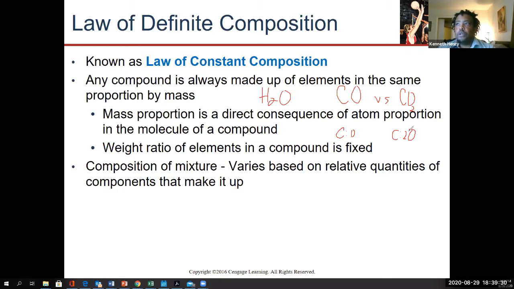The law of definite composition means that ratio is fixed. It's not going to change, regardless of how much you have. You could have a pound of carbon, and it's still going to have that ratio of 1 carbon to 2 oxygens, okay?